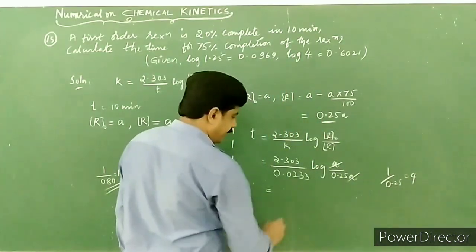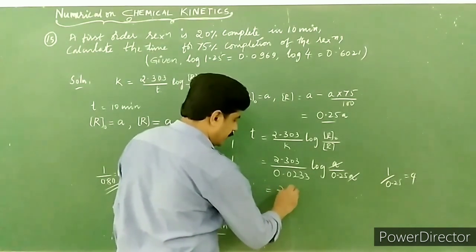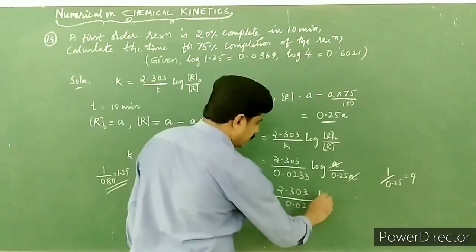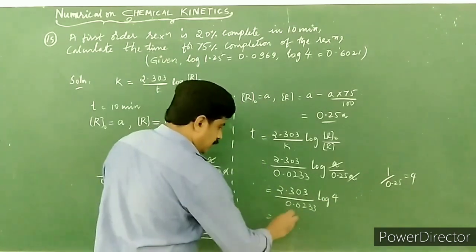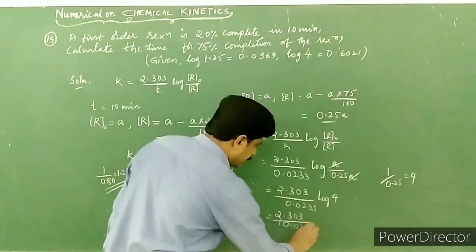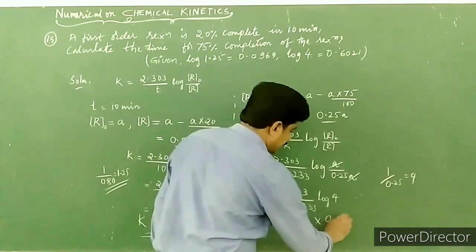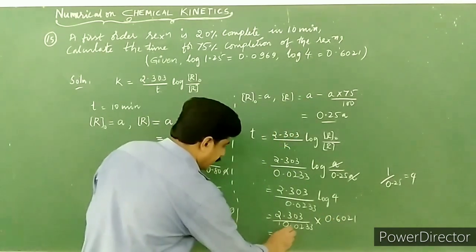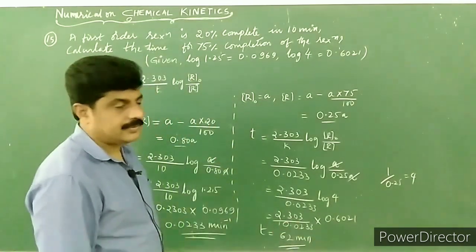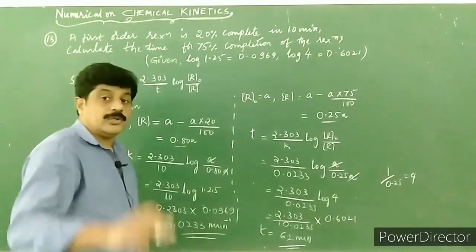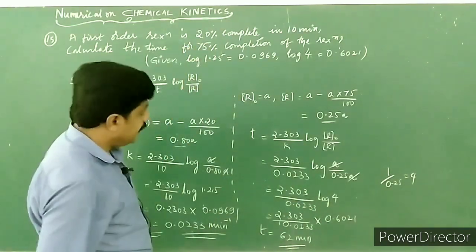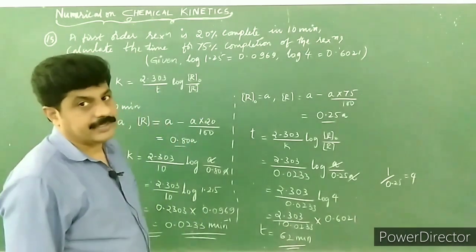So T is equal to 2.303 upon 0.0233 into log 4, and the log 4 value is 0.6021. If you simplify, you are going to get 62 minutes. So T is equal to 62 minutes. That means to reduce the concentration of a reactant by 75%, the time required is 62 minutes.